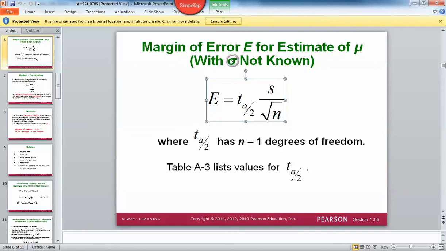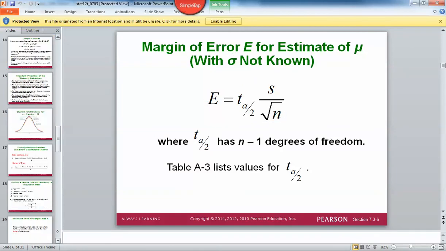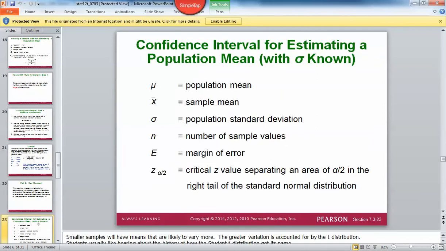When you do know the population standard deviation, it goes back to a z distribution. Okay, so if we know the population standard deviation, we're going to go back to using the z chart. If we don't know the population standard deviation, then we're going to use a t distribution.